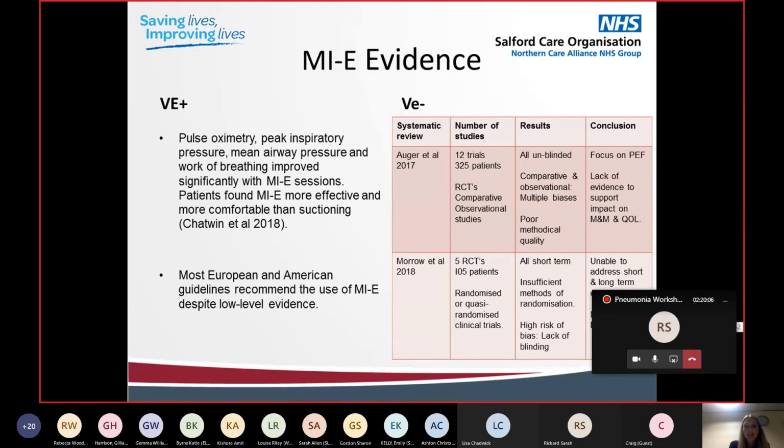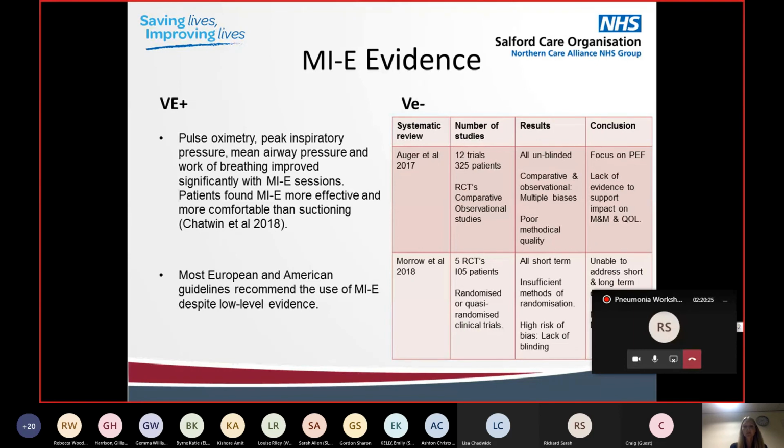There is also literature that says this is less invasive than suction. Suction sometimes is our go-to, but actually there is a trauma association there, and patients do find the cough assist more comfortable, although sometimes it can be tiring.